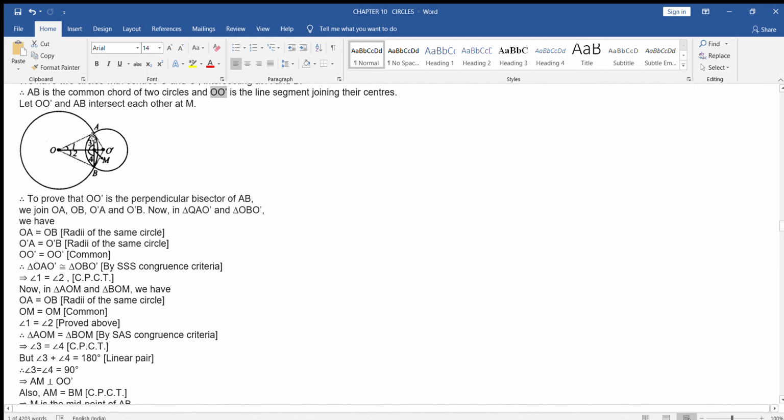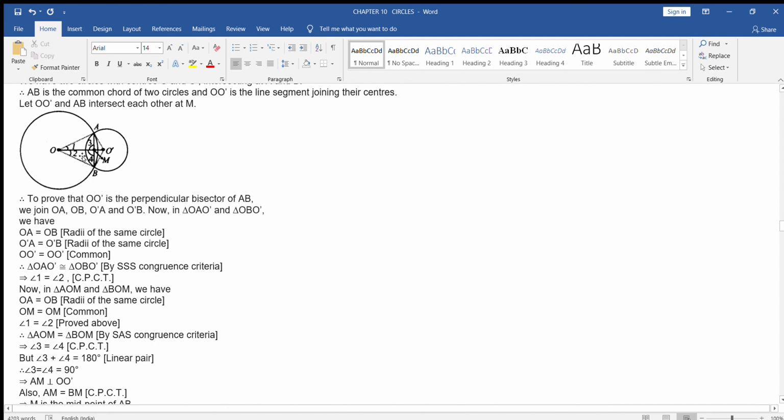So we have joined OA, OB, O dash A, O dash B. Now see these two triangles, the whole triangle O A O dash and O B O dash. In these two triangles, OA equals OB, O dash A equals O dash B, and OO dash is common. So both triangles are congruent.